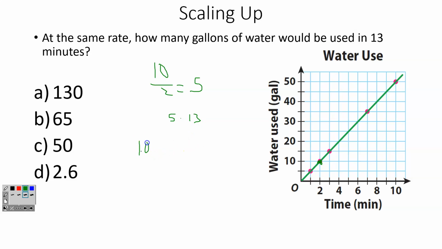I could do 10 over 2 equals x over 13. I could use an equation, y equals 5, which is my COP, times my 13, my x. Any way I do it, I'm going to get an answer of 65.